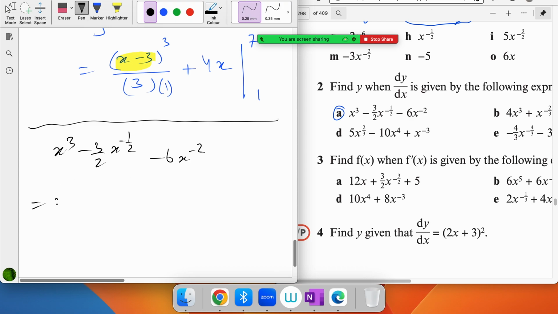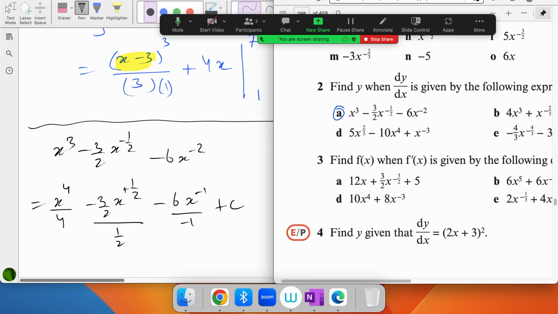So what would be the integration? Plus 1 in power divided by the new power, minus 3 by 2 x with plus 1 in power divided by the new power, minus 6 x with plus 1 in power divided by the new power plus c.